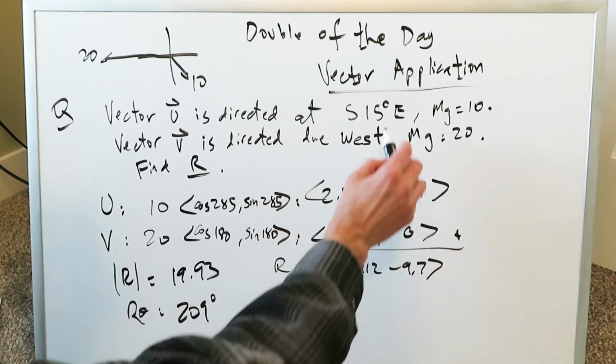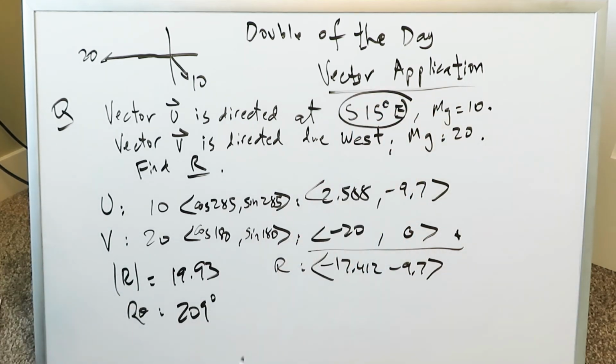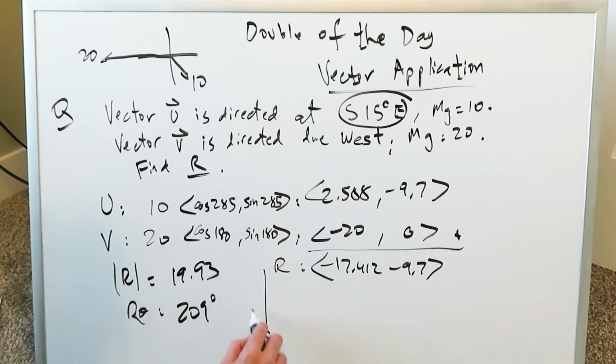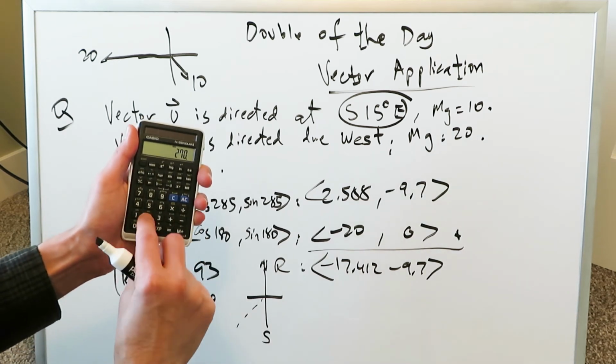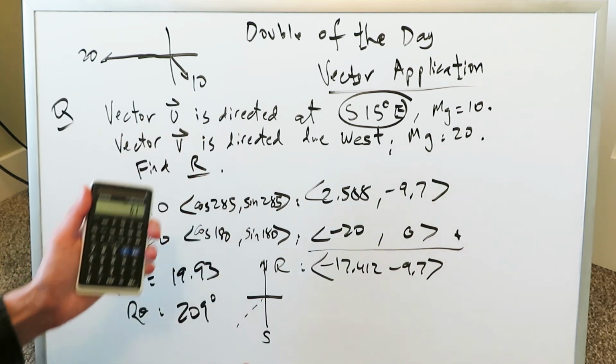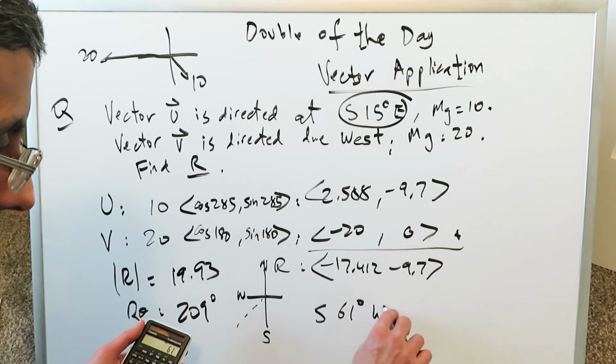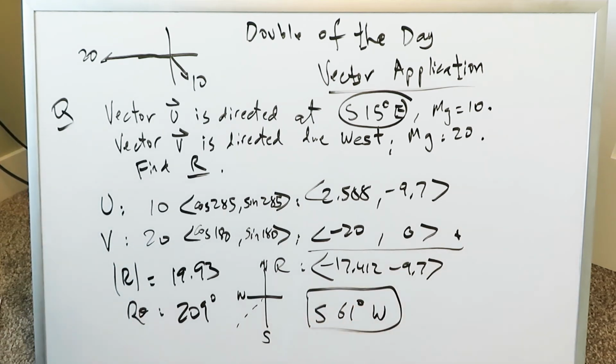You either write something with regards to north or with south. Here's my south, here's my north. Since I'm in this direction, I'll do 270 minus 209. I'm 61 degrees away from the south. So my answer here will be south, 61 degrees away, but in the west direction. See, I'm in the west direction, and that right there is my answer.